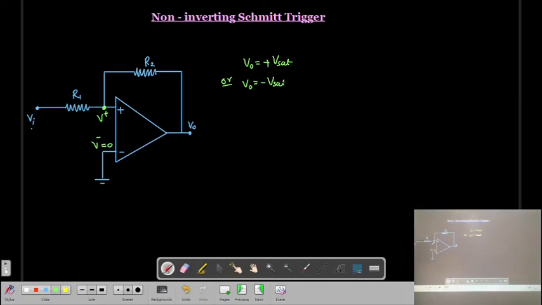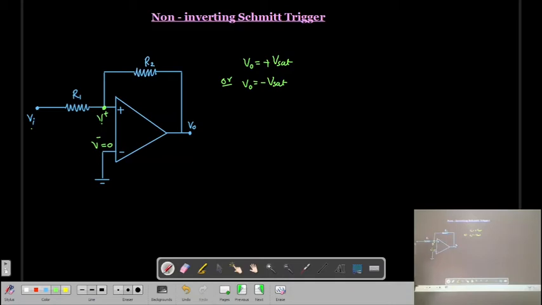Correct? So how much input voltage is required to change the state from plus V saturation to minus V saturation, or from minus V saturation to a plus V saturation? Correct? So here we have a feedback voltage, that is the V plus, the voltage given to the non-inverting terminal.